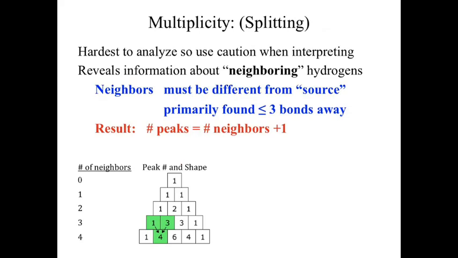Okay, so let's go back to that ethanol structure that we were looking at, and I'm going to color it out this way. So, how many neighbors does this boxed hydrogen have?